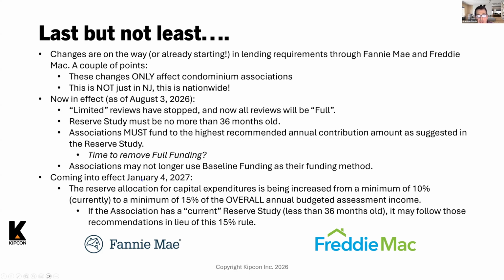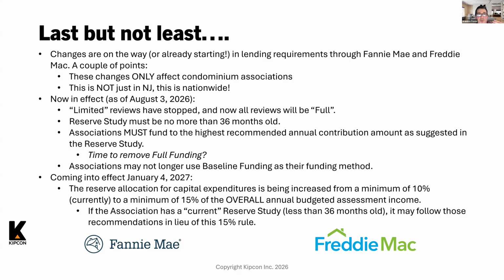And then what's coming in a couple months, as of the start of 2027, the reserve allocation for capital expenditures is being increased from a minimum of 10% currently to a minimum of 15% of the overall annual budget. So we talked about that earlier. If you have a reserve study done that's less than 36 months old, this 15% is meaningless, basically.